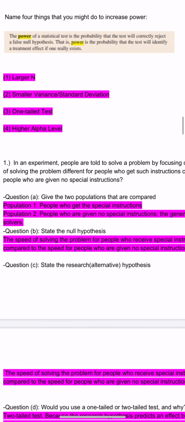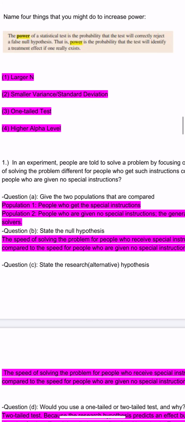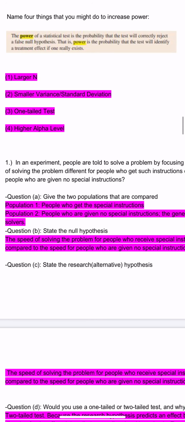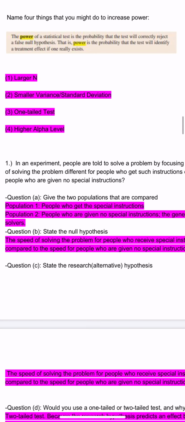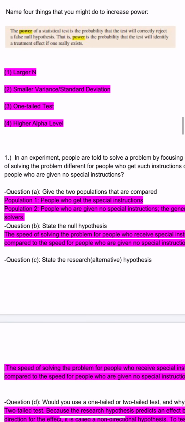A higher alpha level also gives more power, because the higher you set your alpha level, the lower the critical value will be, so it will be easier to say you have a significant result. But there is a problem with that: the higher you set your alpha level, the more you raise your chance of a type 1 error.